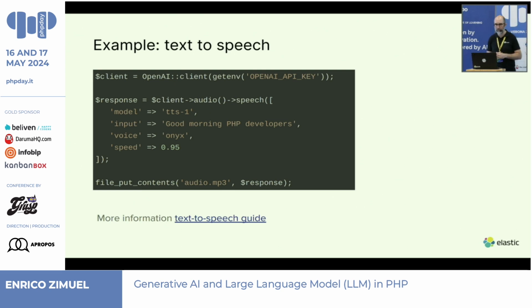And one interesting is the speed, because changing the speed of how it's talking, you can have a different flavor in the conversation. And it's pretty straightforward. You just put it in a file. It's by default an MP3 file. There are a lot of different formats and so on. So you can see, a few lines of code. You can literally do very interesting stuff in your project.